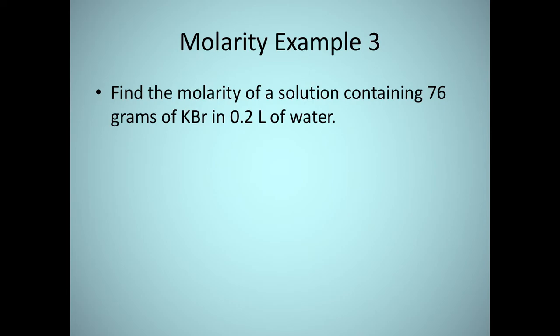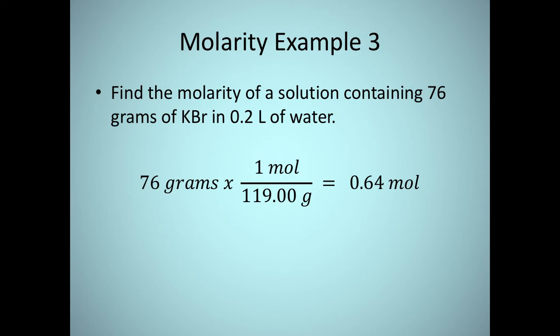That is from our triangle, that is the equation that we need. However, we are not given the moles in this problem. We are, however, given the number of grams of potassium bromide, of KBr. So the first step that we need to do is to use our mole map, and we have to find the molar mass of KBr and convert grams into moles.